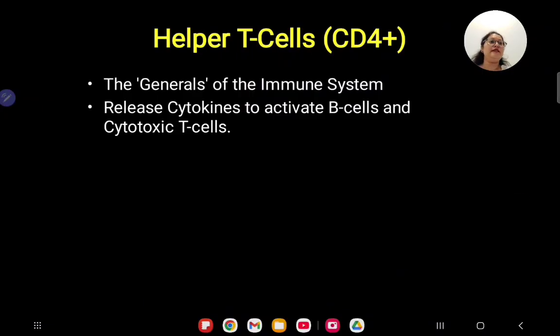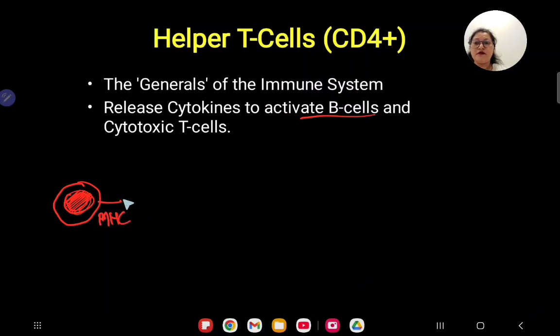The T helper cells. Now, how do these T helper cells work? As I said, these are the generals of the body, generals of the immune system. They will guide the B cells and the cytotoxic T cells to work. So let's take an example of how they exactly work. If this is one of our T cells, the T cell is going to have an MHC complex over here.